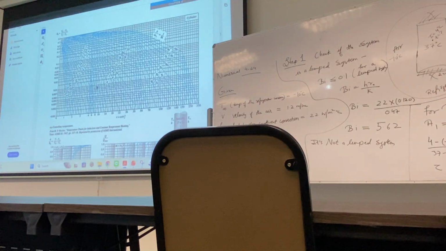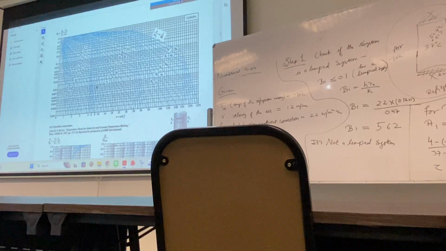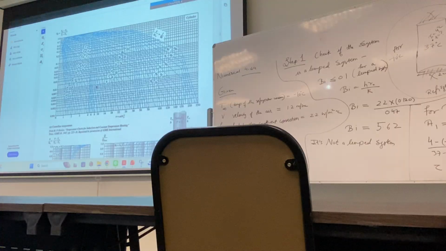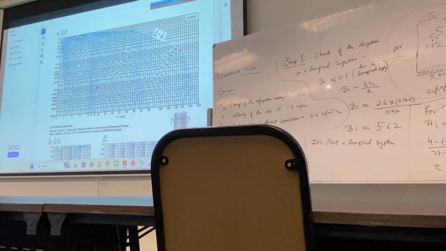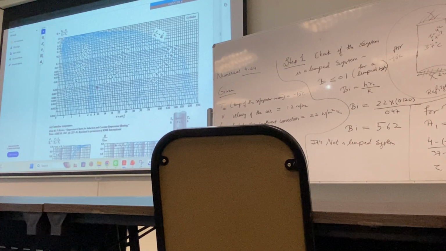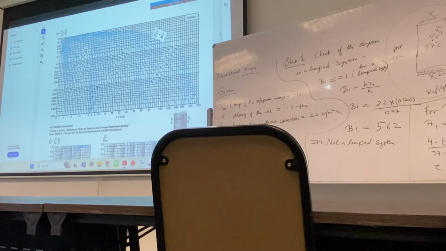What is the value of the y-axis? Value of the y-axis. Yes.